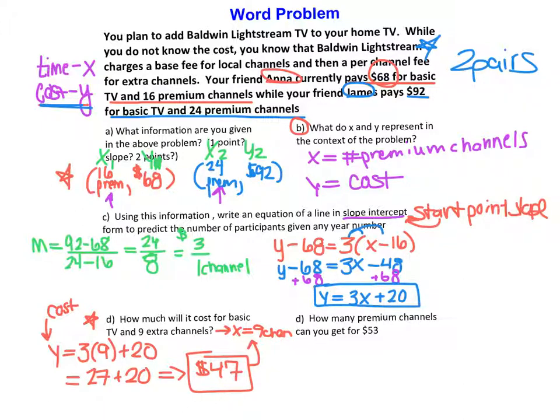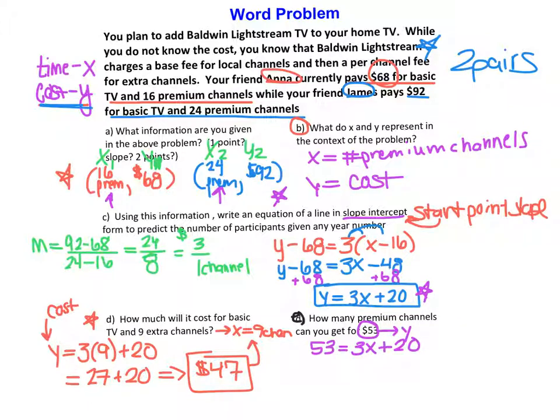Then if I look here in part E, this one is saying how many premium channels can you get for $53. So this is a different situation. Because they're giving me money, I know from up here that the cost is y. So I'm going to take this same equation here that I found in part C, and I'm going to substitute $53 in for y.